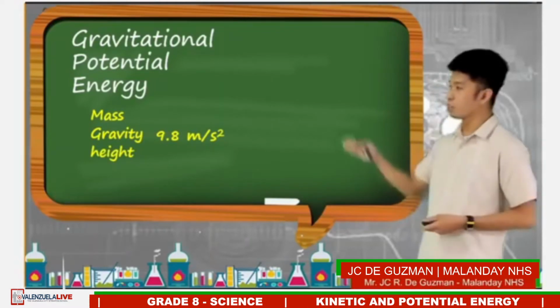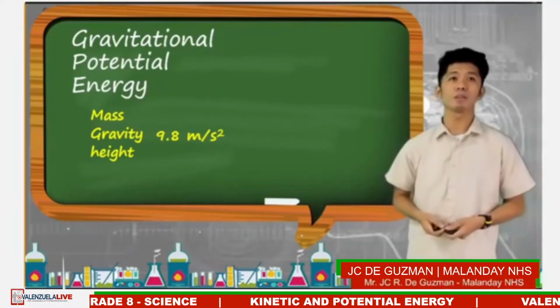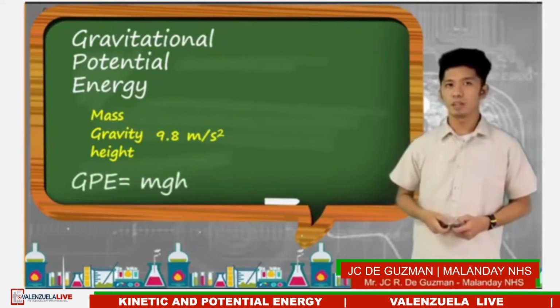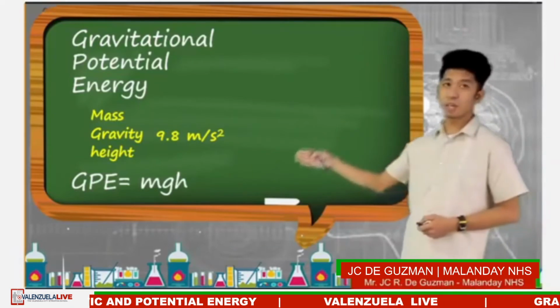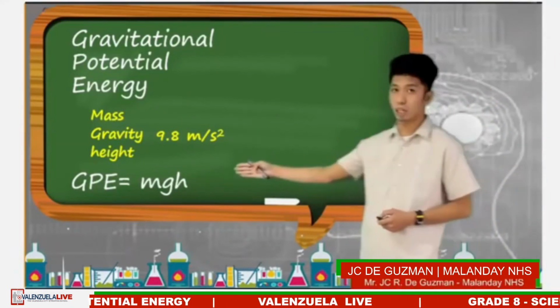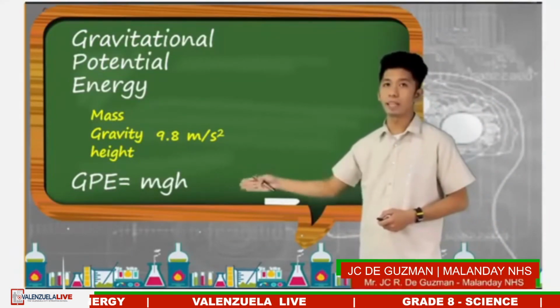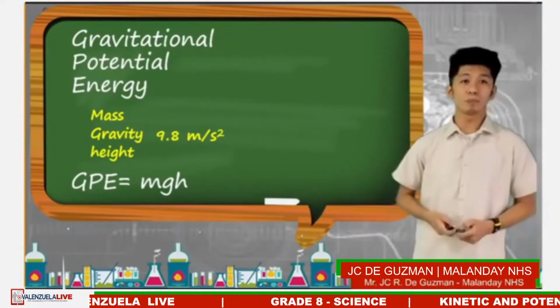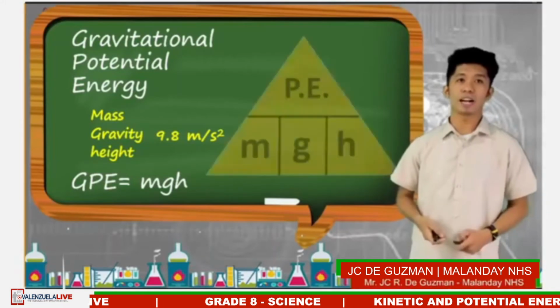The value of gravity is 9.8 meters per second squared. That's why we can use this formula: gravitational potential energy is equal to mass times gravity times height. And for easier computation, we can also use the triangle formula.